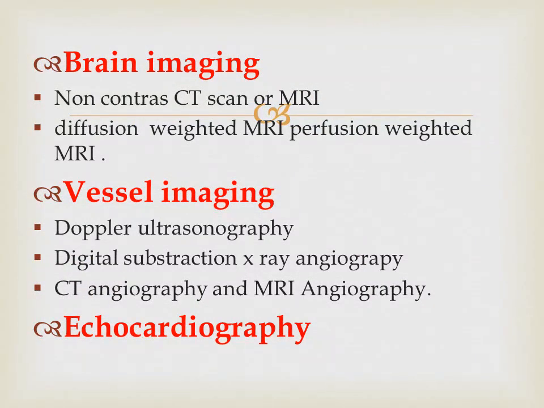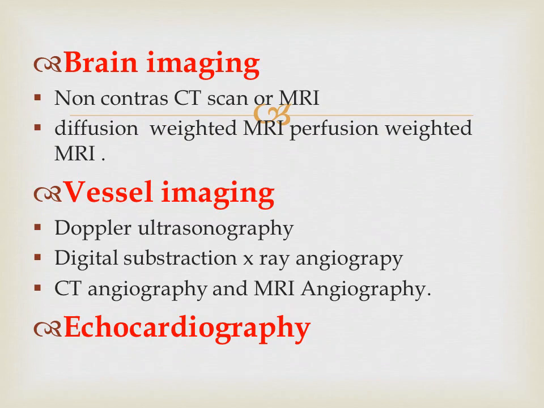Diffusion-weighted and perfusion-weighted MRI are also important to diagnose stroke earlier than CT. Vessel imaging: Doppler ultrasound to see whether there is carotid stenosis. Digital subtraction angiography is usually done when you attempt intervention, for example stent or carotid endarterectomy.